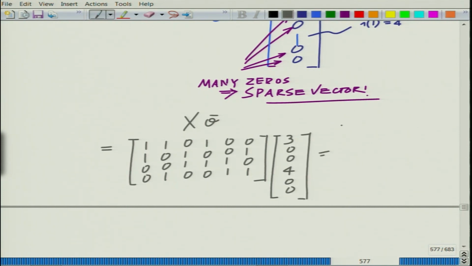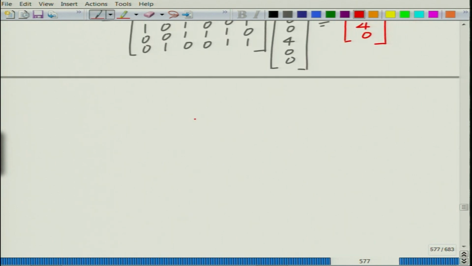When you multiply that, you get 3 plus 4, 7, 3, 4 and then 0, which needless to say is equal to y bar. So we have achieved a solution such that x theta bar equals y bar.